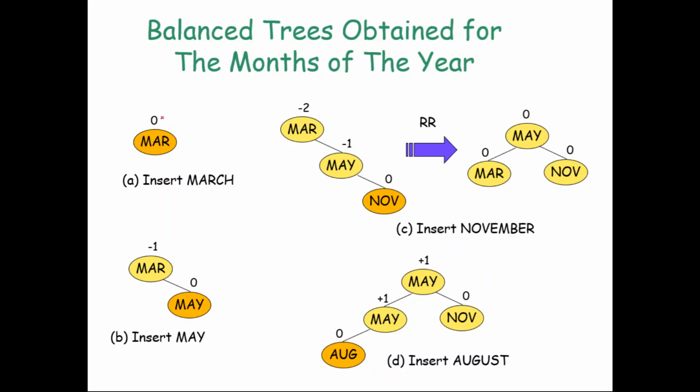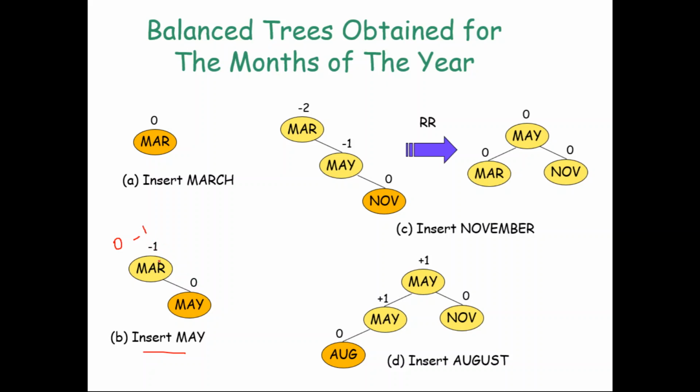If you calculate the balance factor for March, it is 0, because it does not have a left child and it does not have a right child. Now you insert May. May is greater than March, so it comes as the right child of March. After inserting May, the balance factor of May is 0. But for March, it does not have a left child, so that is 0, and it has one right child, so 0 minus 1 is minus 1.